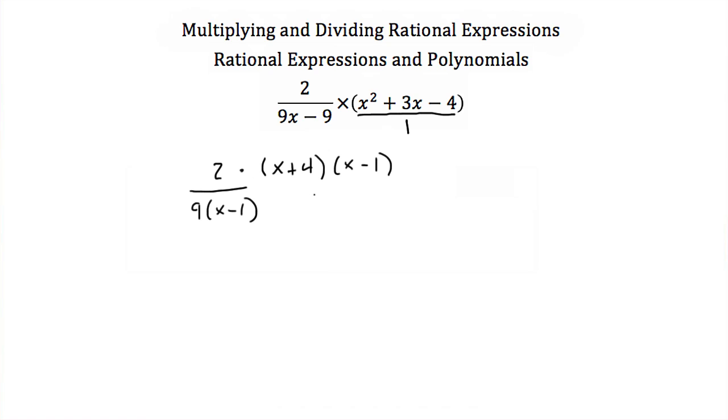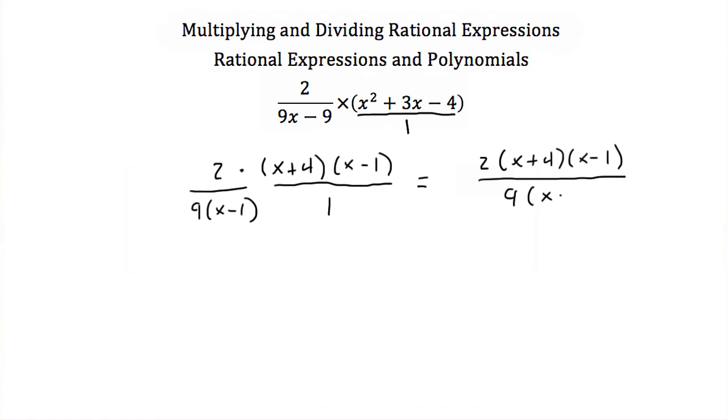Now don't forget this x plus 4 and x minus 1 is over 1. And now we're going to multiply these together. We're going to multiply across. That doesn't change much. This will just be 2 times x plus 4 times x minus 1 over 9 times 1 is still 9 and x minus 1.